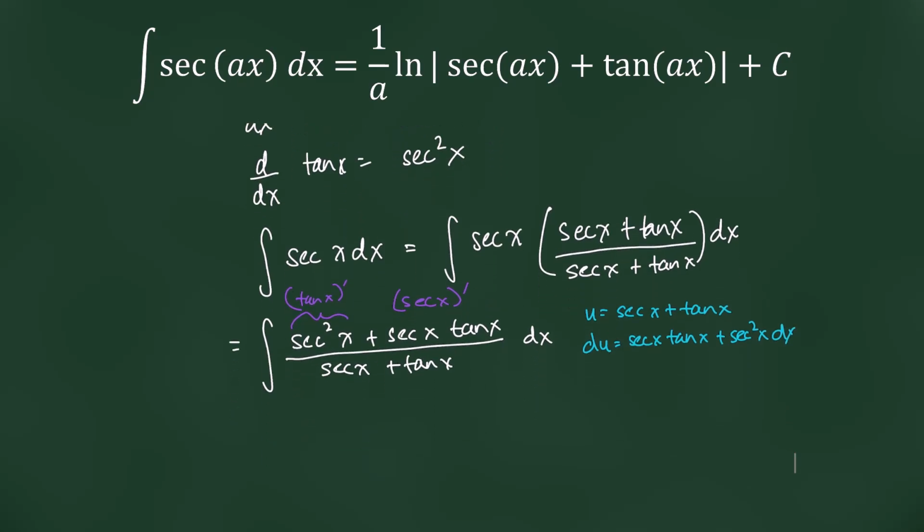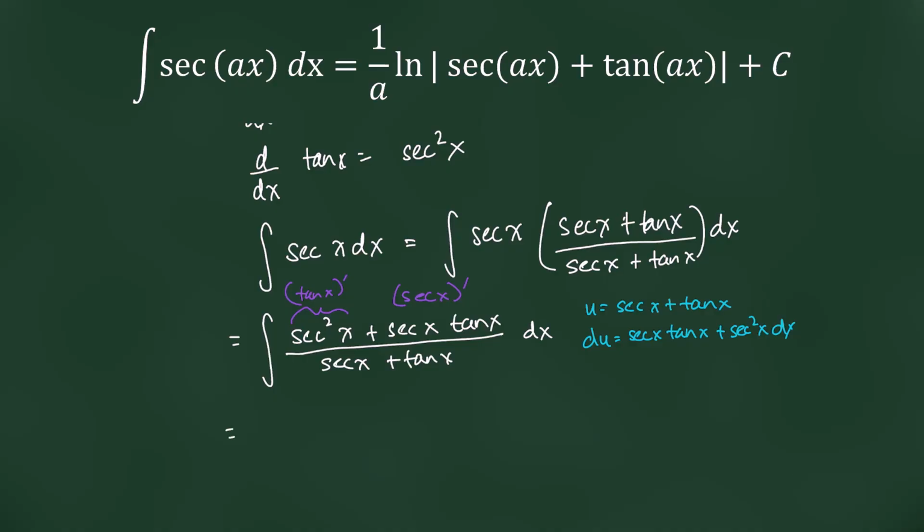It's written in the reverse order, but it's all commutative. So we end up with du over u. And that is going to be the natural log of the absolute value of u, which in this case is the natural log of the absolute value of secant of x plus tangent of x.